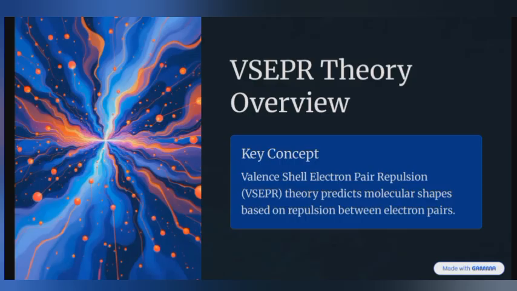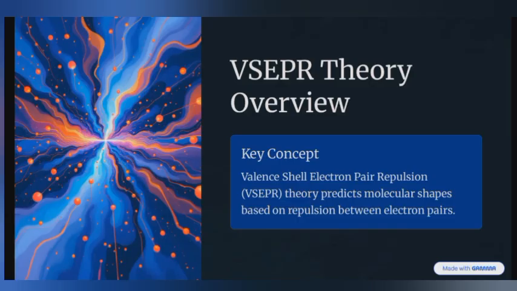This theory talks about the shapes of molecules, not elements, as a result of the presence of electron pairs. VSEPR means valence shell electron pair repulsion.